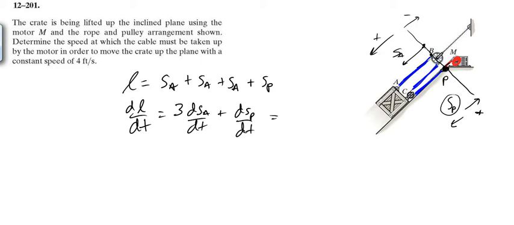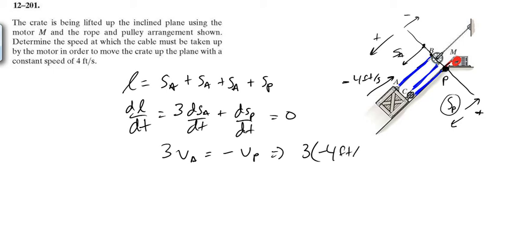And so this is just equal to 0, and you have 3 VA equals minus VP. And VA is the velocity this way, which is 4 feet per second in the minus direction, so this is a minus. So we have 3 times minus 4 feet per second equals minus VP. And so VP equals plus 12 feet per second.